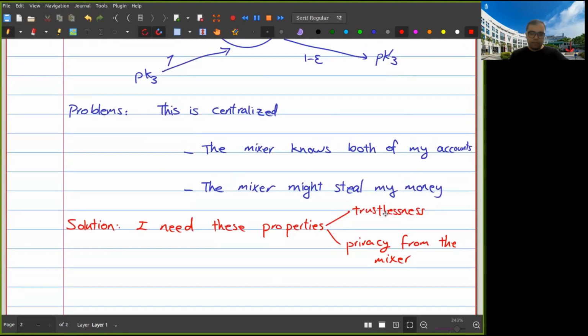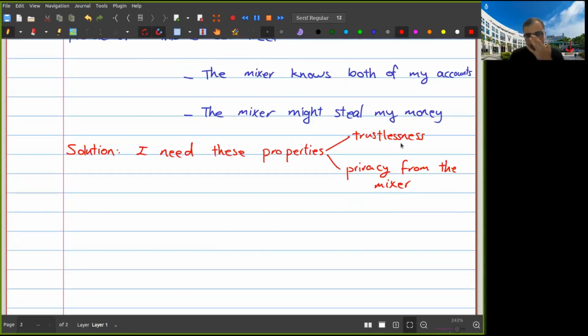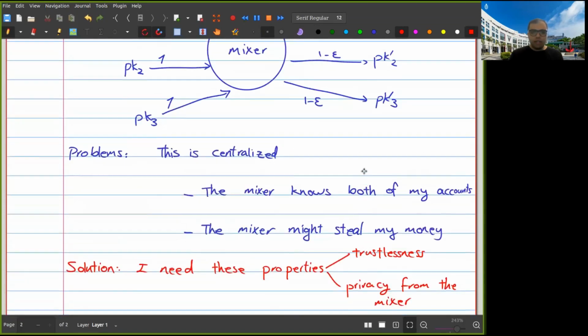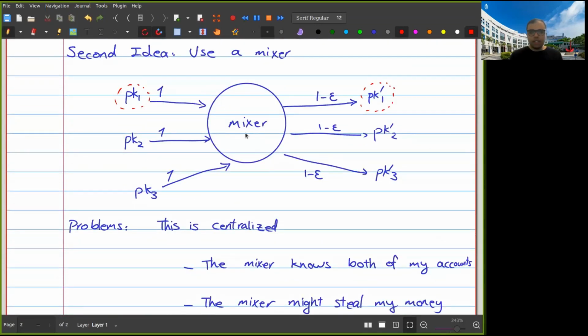Okay. Now, for the trustlessness part, I think you can easily think of some ideas that might work. One of the things that will very likely work is if we just replace our mixer with a smart contract. So if you can somehow have a smart contract that does the work of the mixer, you can be sure that it's not going to steal your money, right? Because it's a smart contract, we know exactly what it does. If you don't code it to steal, it will not steal.